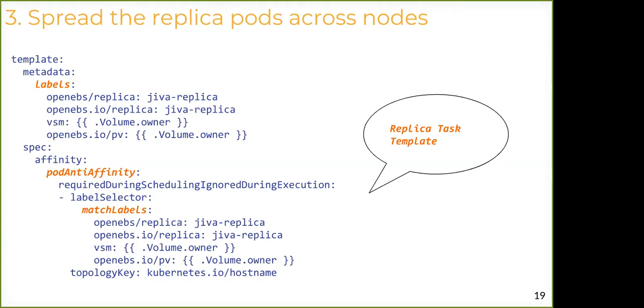And the property that enables spreading is the pod anti-affinity. So let's talk a bit about pod anti-affinity. It means pods will repel other pods. How? If, in this particular example, the labels match.